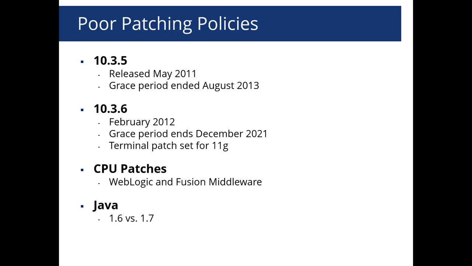We'll get you out to 2021 there. That is the terminal patch set for 11g. And last but not least, there are CPU patches for WebLogic and the Fusion middleware. You need to keep current with your CPU patches, certainly if you are internet facing.